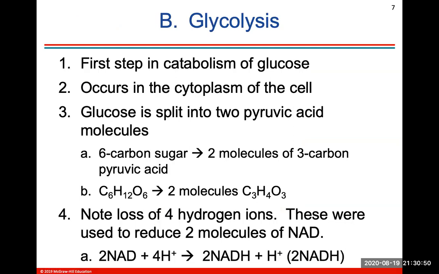So glycolysis is the first step. This literally means the splitting of sugar. That's what lysis means, splitting of sugar into 2 pyruvic acid molecules. It also produces these 2 NADHs, which are important in holding electrons between its bonds, which will be important for the electron transport chain.